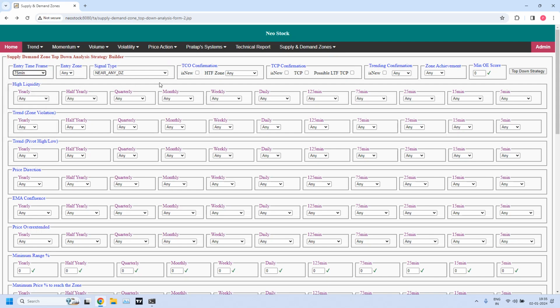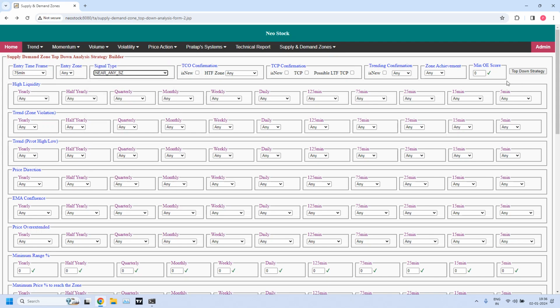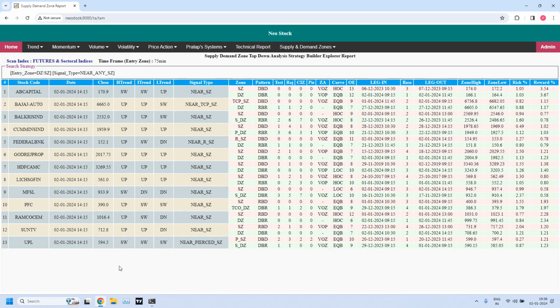75 minutes time frame. Let us find stocks near 75 minutes supply zone. So 13 stocks are filtered. Let us check there are any high liquidity supply zones. This is a high liquidity counter trend trade setup. Bajaj Auto is there.